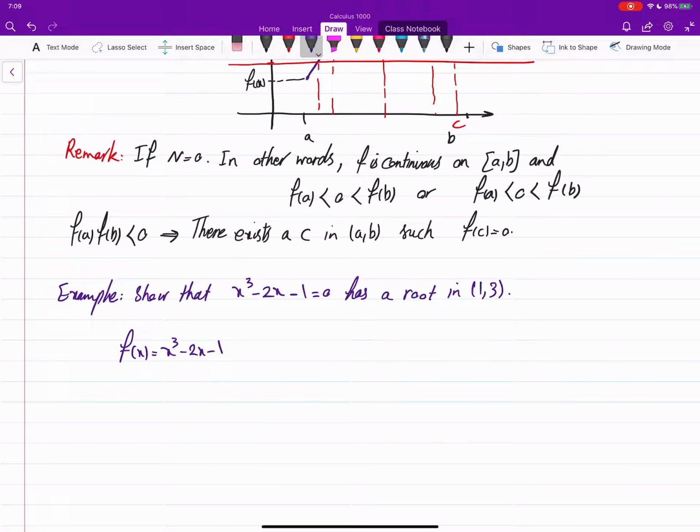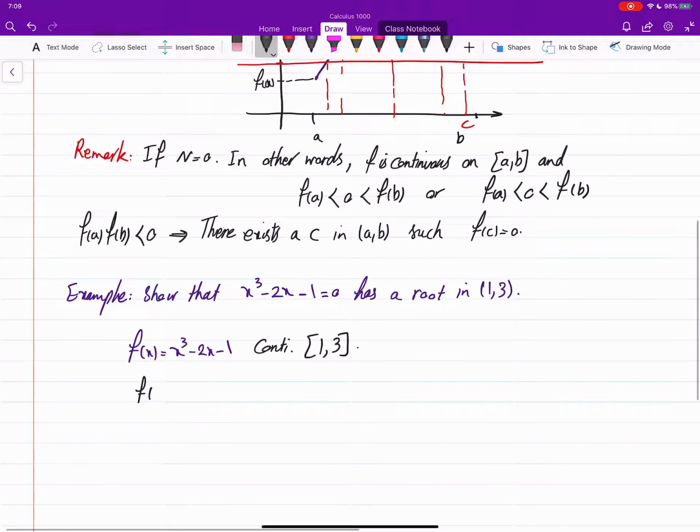Yes, it is clearly continuous everywhere. In particular, it is continuous on the closed interval 1 and 3. That's the first condition of IVT. We also need to check what is f of 1 and what is f of 3. If they have different signs, then we are in good shape. So f of 1 is 1 cubed minus 2 times 1 minus 1.